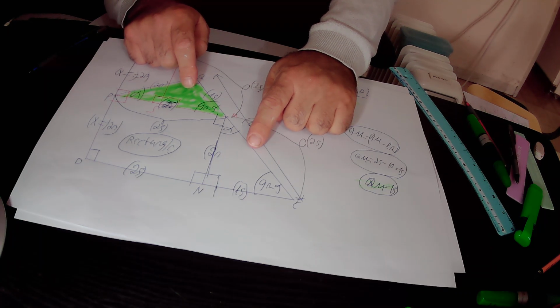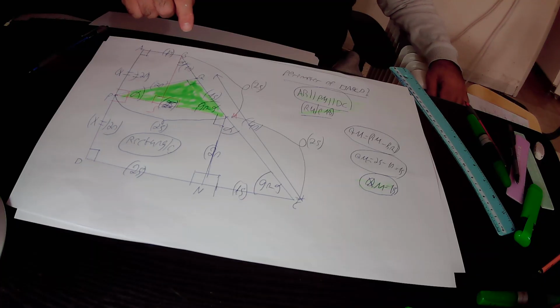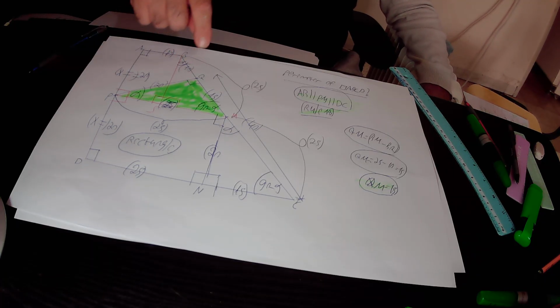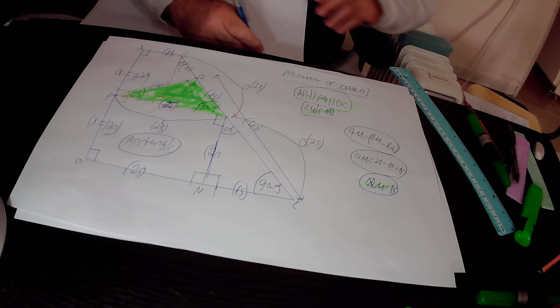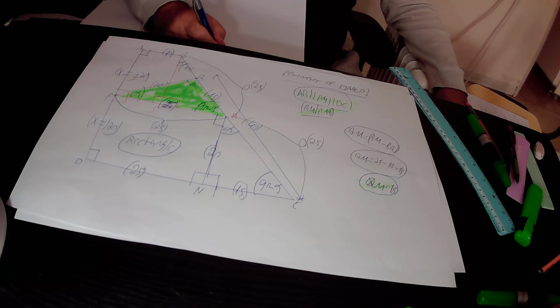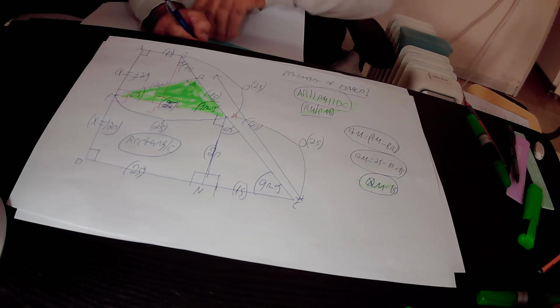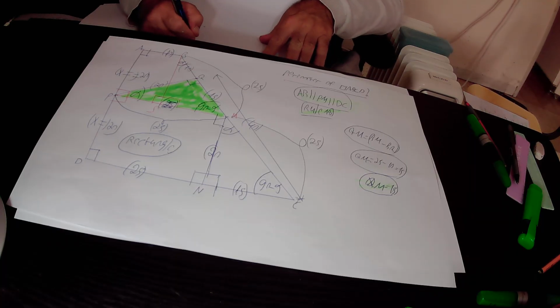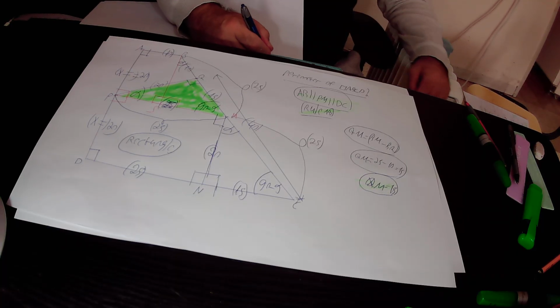So I'll write it down. I found out that this upper right triangle BSM is congruent to this lower right triangle MNC according to the angle side angle rule.